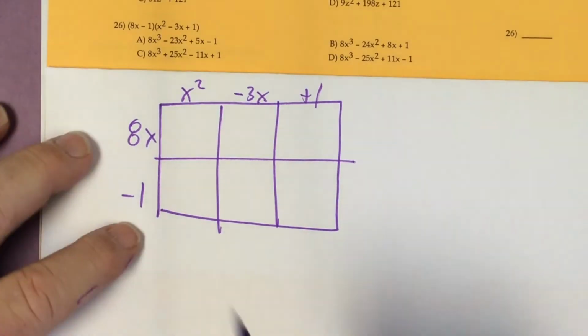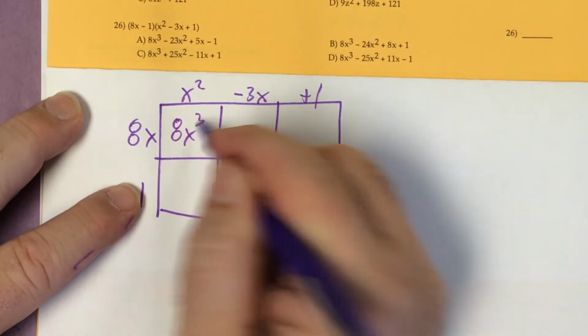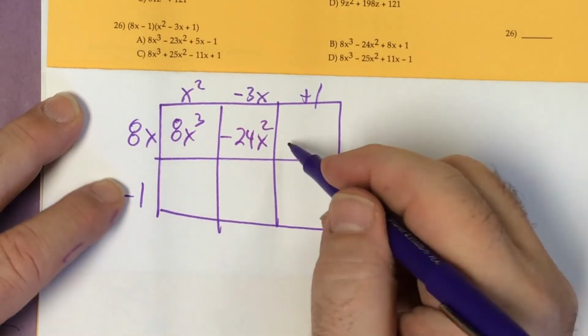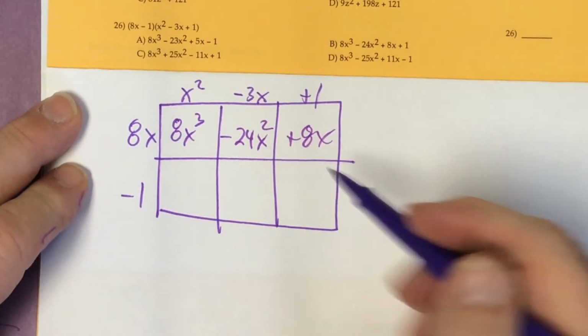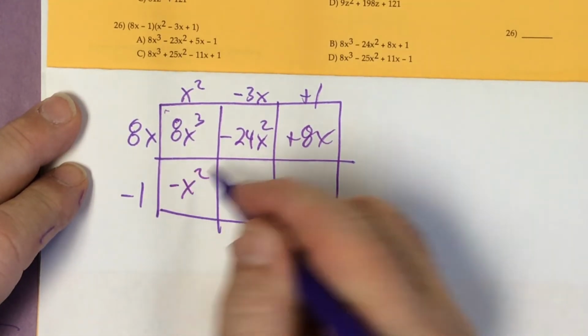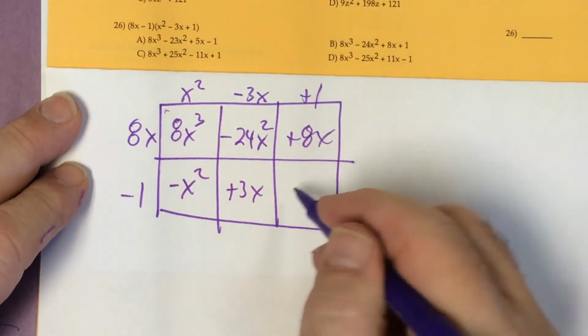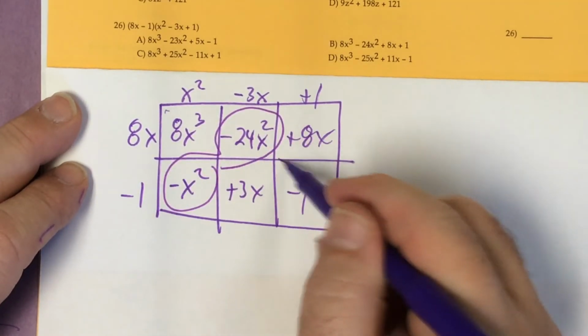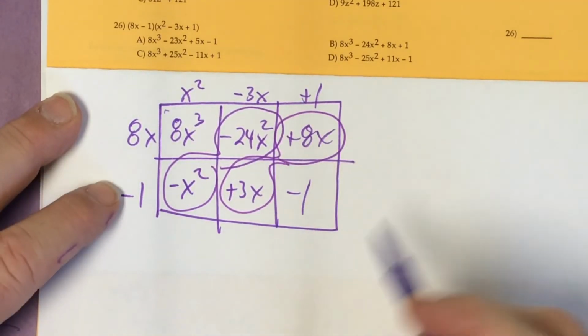And I carry out the multiplication. This will be 8x to the third, negative 24x squared, plus 8x. And everything here is just going to get its sign changed: minus x squared plus 3x minus 1. As I mentioned before, usually, not always, but usually you can combine up on the peanut.